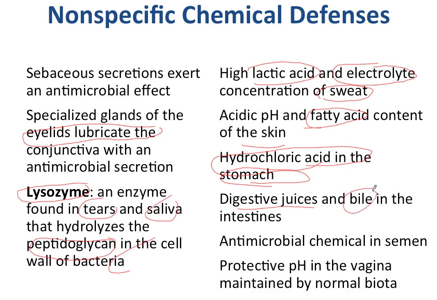Bile can also kill the bacteria. For the semen, semen also contains antimicrobial chemicals. Vagina can secrete fluid. The fluid can make a very acidic environment. So those can maintain the normal flora, and also can kill many bacteria.